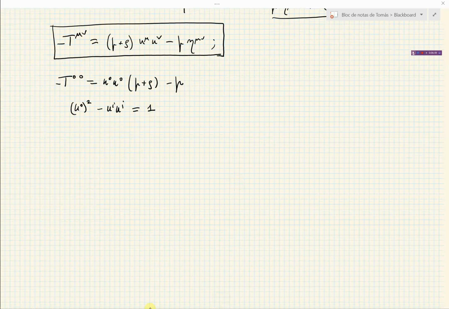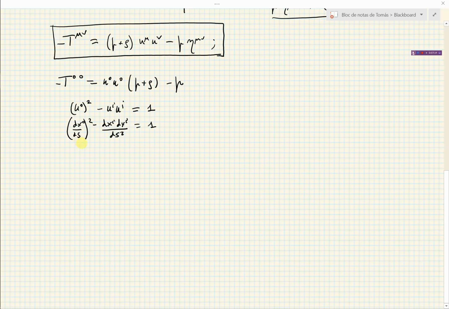Let me remind you that this is just (dx0/ds) squared minus (dxi/ds) squared, and the fact that this is equal to 1 is because you can take the ds squared to this side. Okay, this is an explanation.